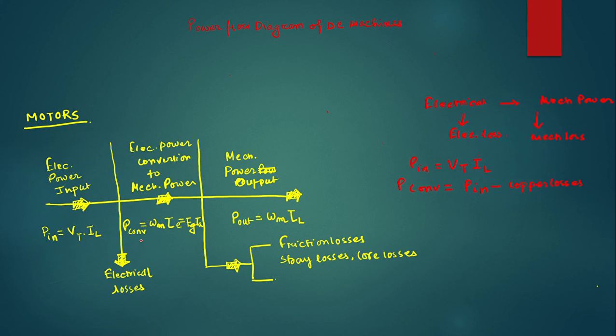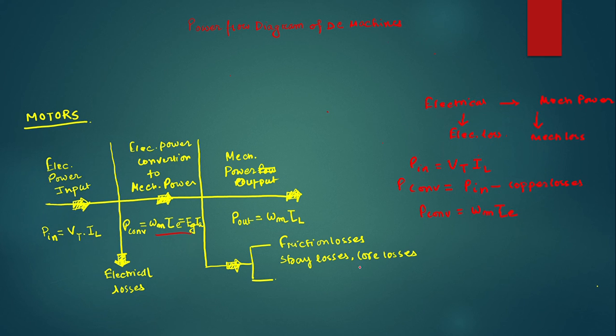So this is the converted part, and the converted power can be written, as we can see over here, P converted equals omega m multiplied by the torque, right?